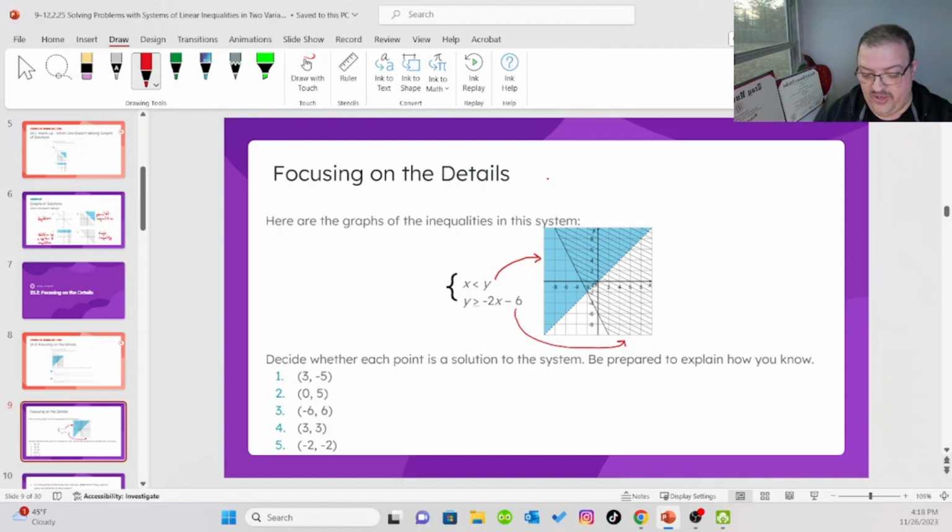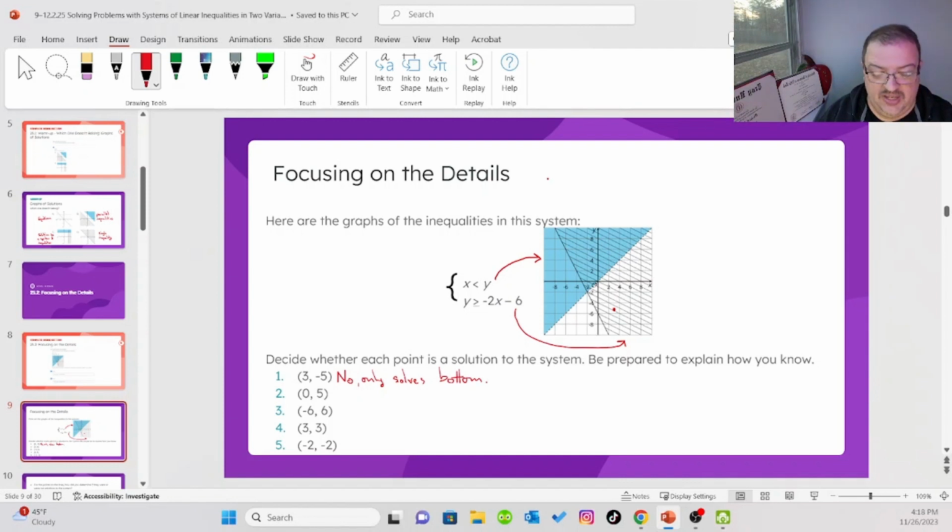So the first point is at (3, -5). That means x is 3 and y is -5. That point is right here. That point is only in the solution region for the bottom inequality, so no, it only solves the bottom one.